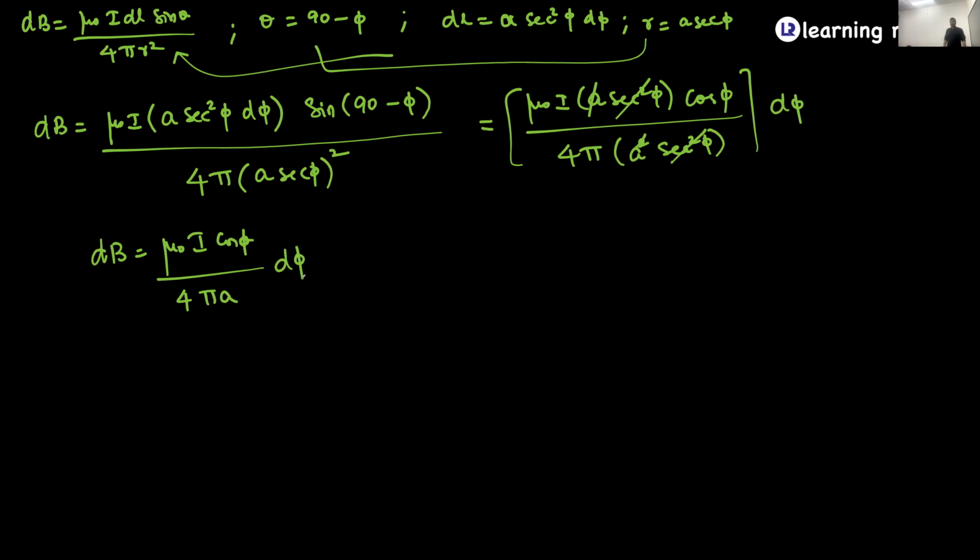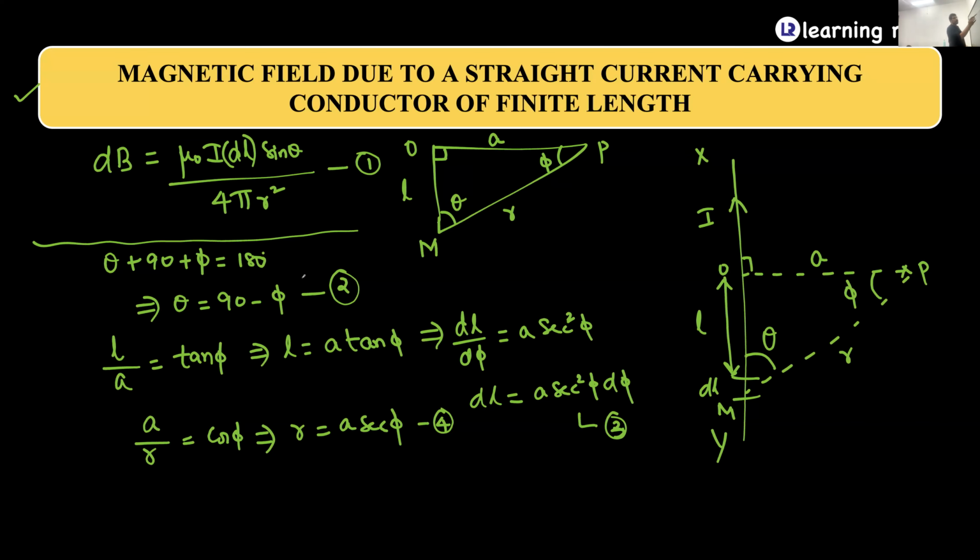Now the question is, I need to take its limits. For that, if I join to the topmost point, I'll take this angle to be phi 1.